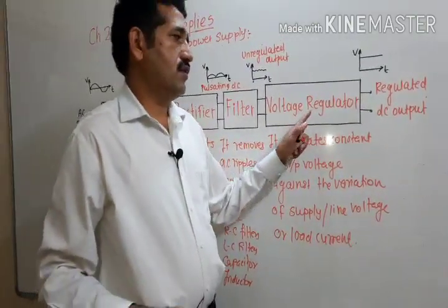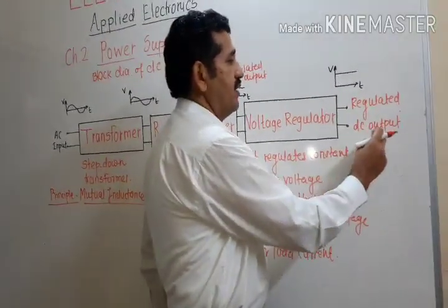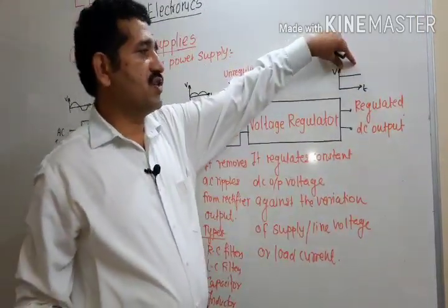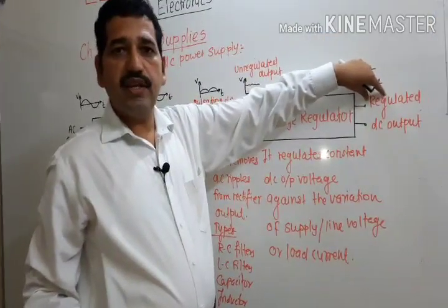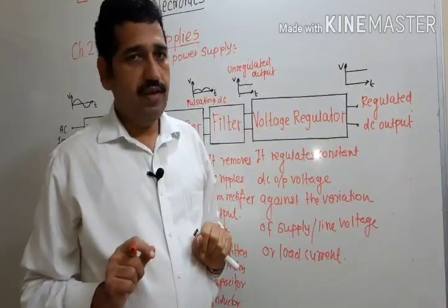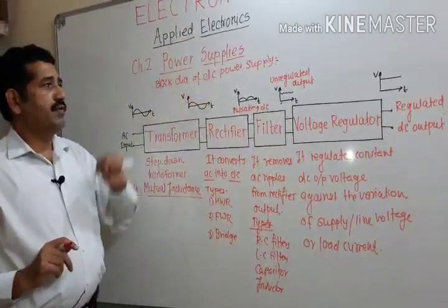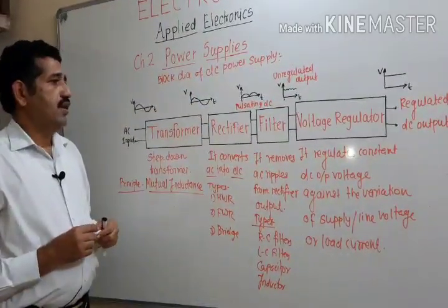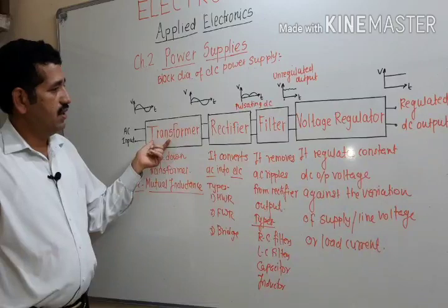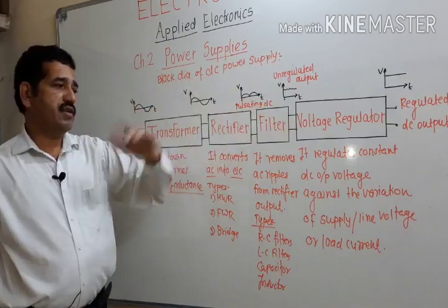The purpose behind the regulator is to get pure, regulated DC output. This is the regulated DC output. So output is constant even if supply voltage decreases or increases, or load current decreases or increases. In this way, in this block diagram of DC power supply, we have studied there are 4 important components: transformer, rectifier, filter, voltage regulator.